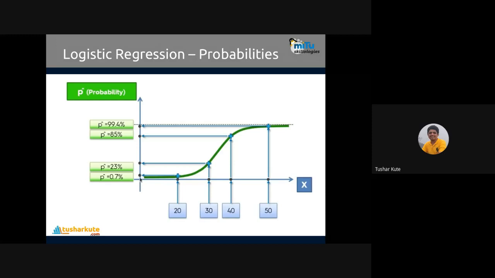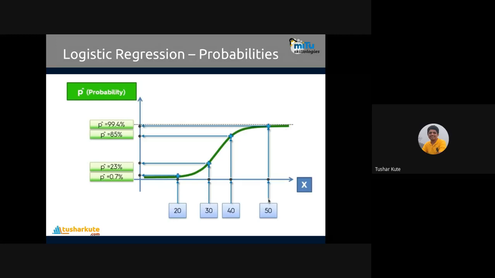From 0 to 1, the point for 20 is covering 0.7% of the area. 30 is covering 23% of the area. Then 40 is covering 85% of the area, and 50, projected onto the curve, covers 99.4% of the area.